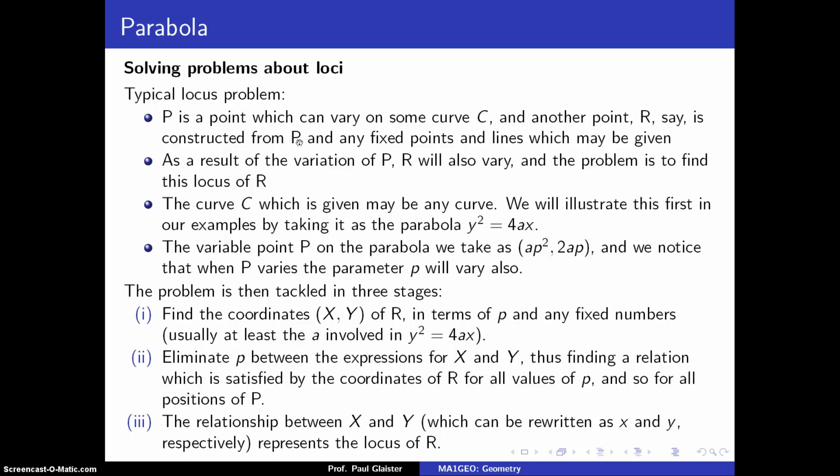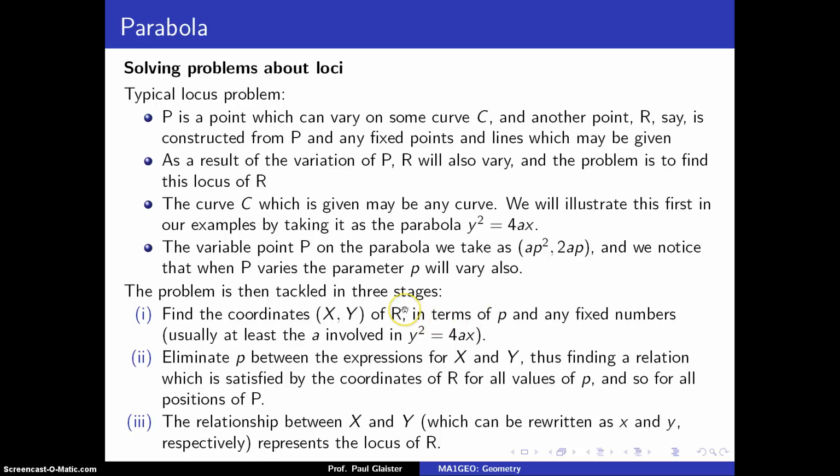So for example, for a point P on a parabola, we can take its parametric coordinates as (ap², 2ap), and obviously as P varies, that's the parameter, then the point P, capital P, moves. And let's suppose we can determine the coordinates of R in terms of p.